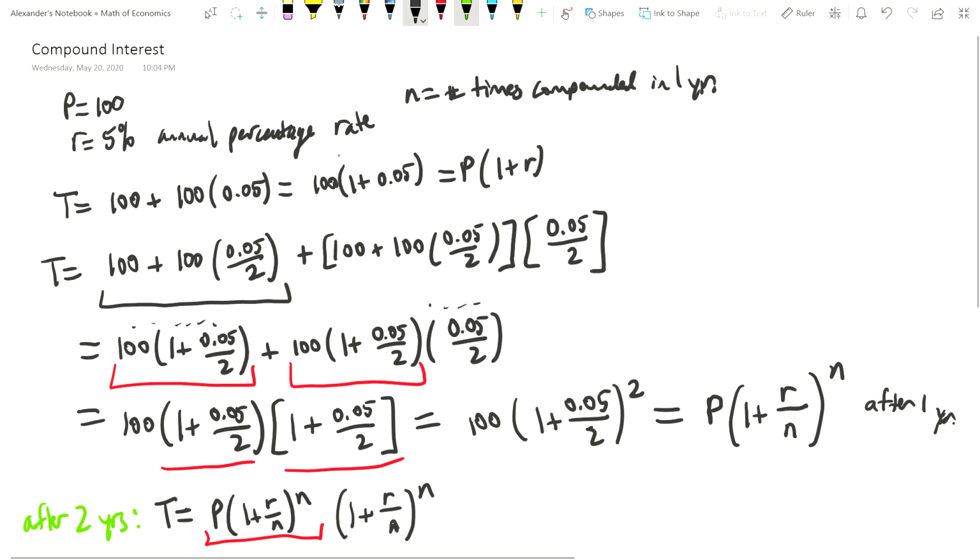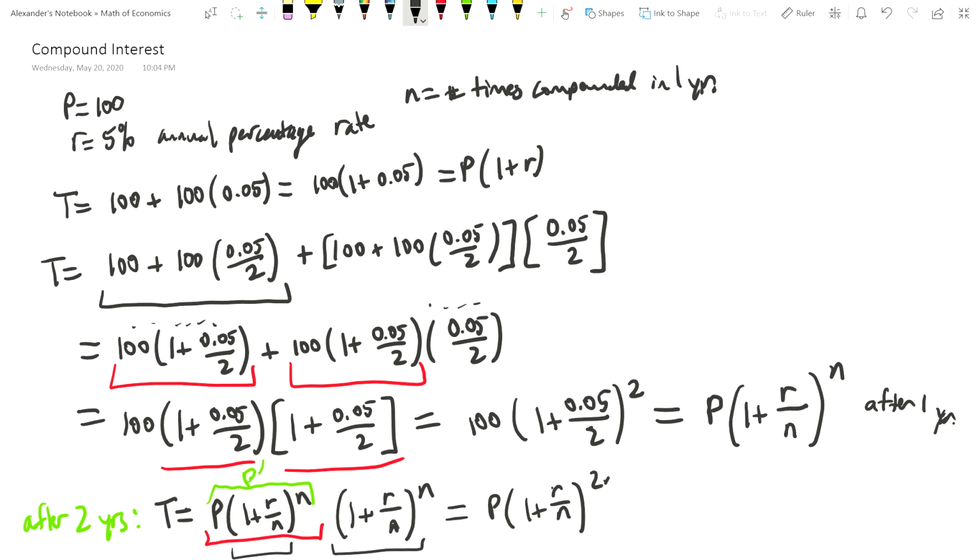And the reason is this is now our new principal. I'll call that P prime. Okay? And simplifying this, we can see that this factor shows up twice. So this is just the principal times 1 plus r over n to the 2n. Now, this is after 2 years.